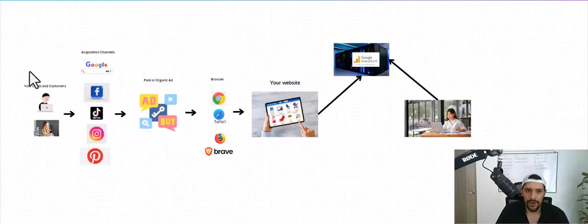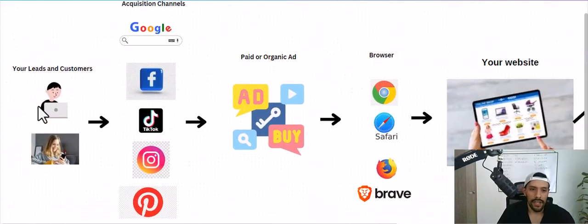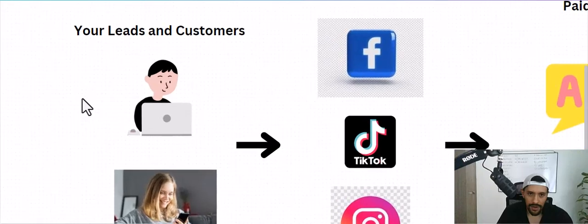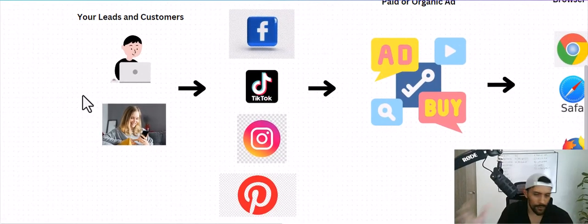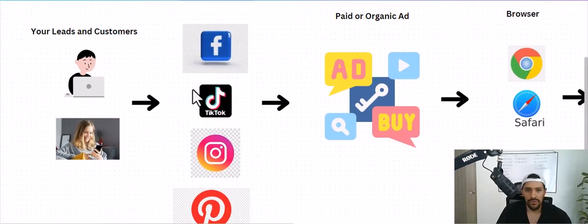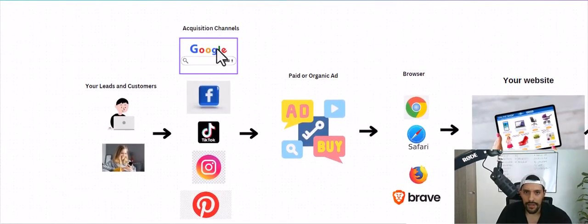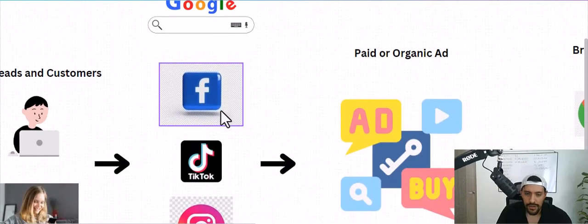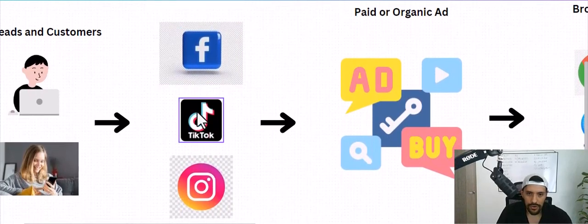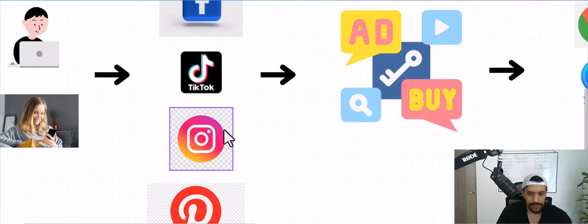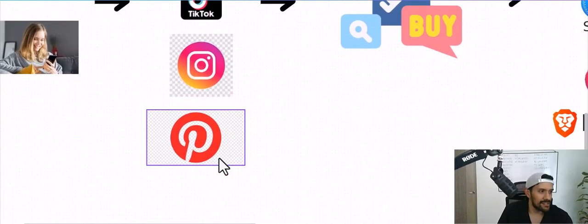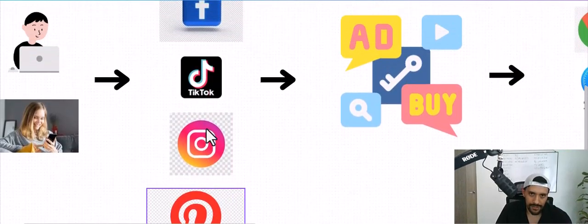All right, so let's start at the moment your leads and customers are on a computer or on their mobile phones. They just open the computer or a website and then they go to any of these platforms. Maybe they go to Google search, or they are scrolling on Facebook, or scrolling on TikTok, Instagram, or checking some designs and cool stuff on Pinterest.